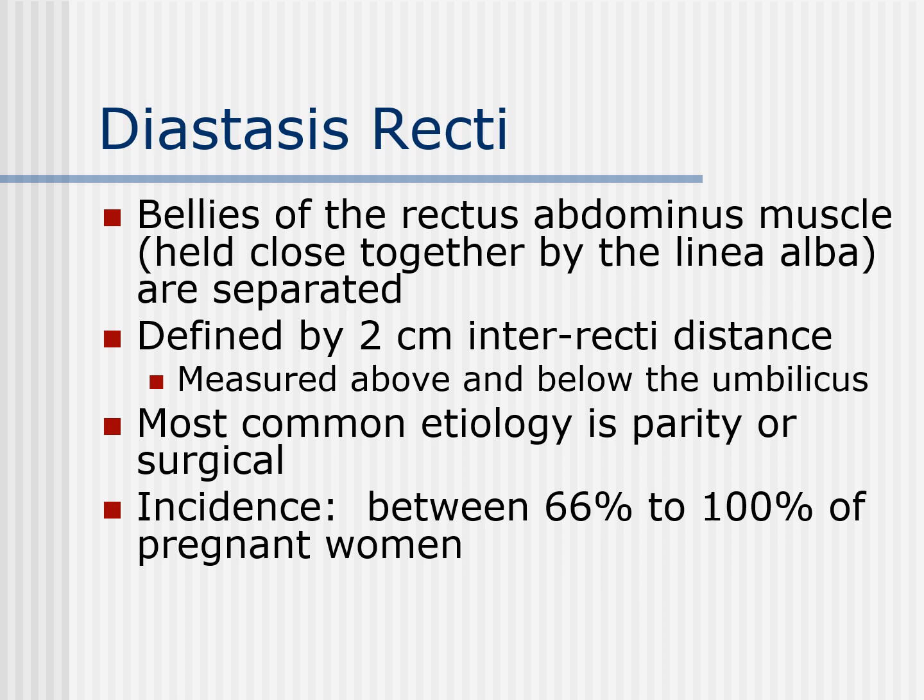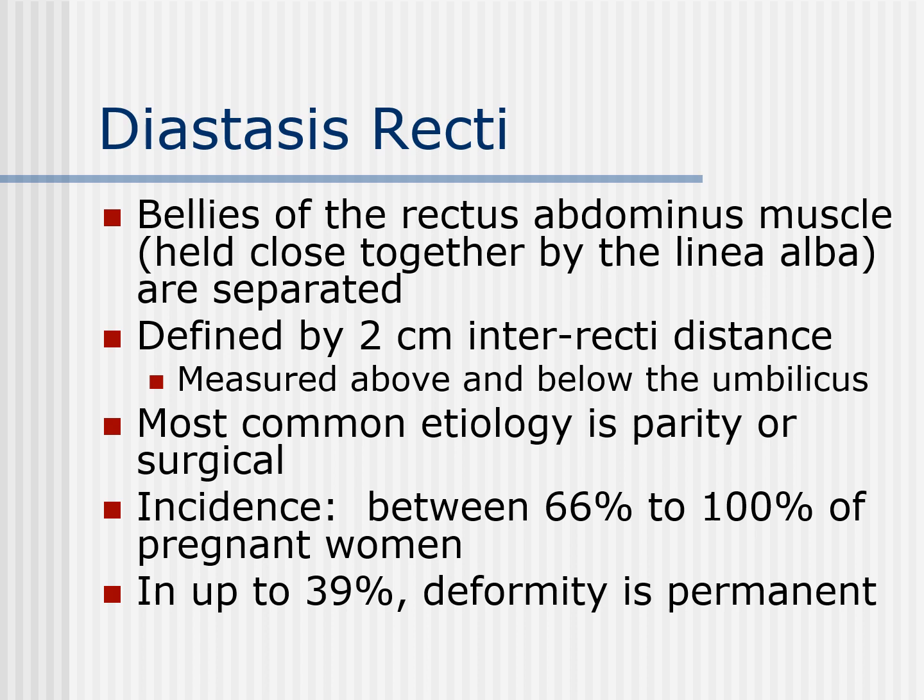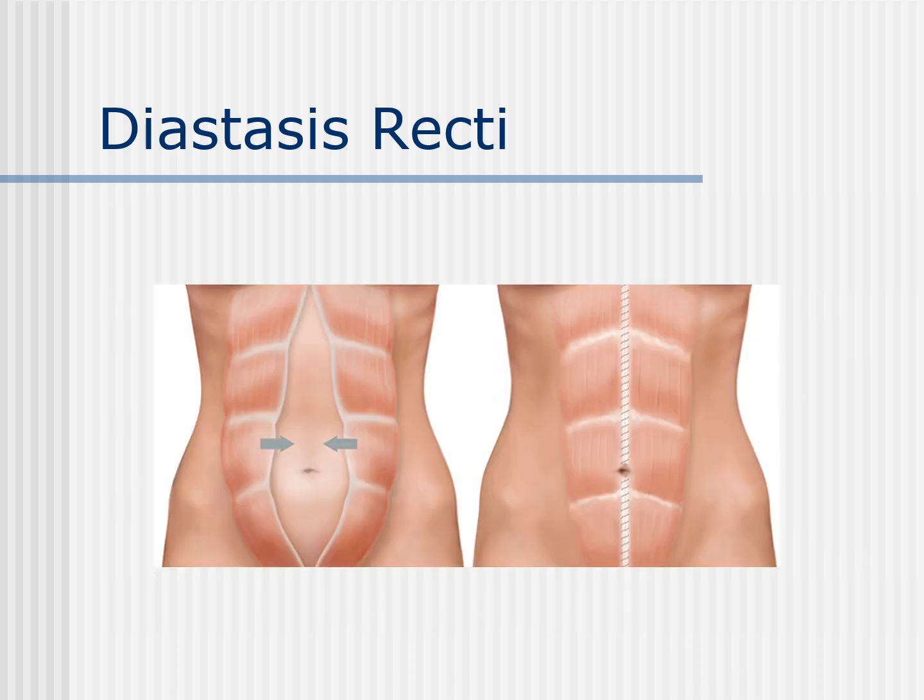Although it is very common in pregnancy, according to some literature, almost 100% of pregnant women will have it. And in a large minority, that deformity, at least some split between the rectus abdominis, is permanent. This diagram shows a representation of a gigantic rectus abdominis and surgical repair, although somebody with an abdomen as fit as shown in this drawing would probably not have a rectus abdominis, especially not this big.